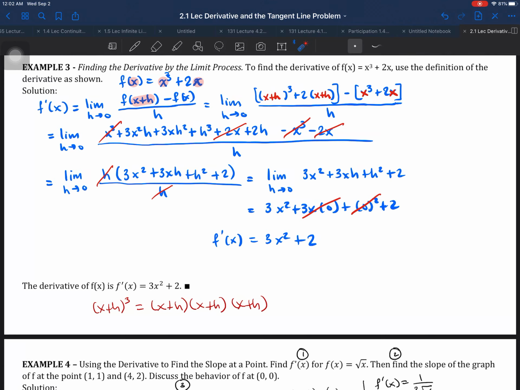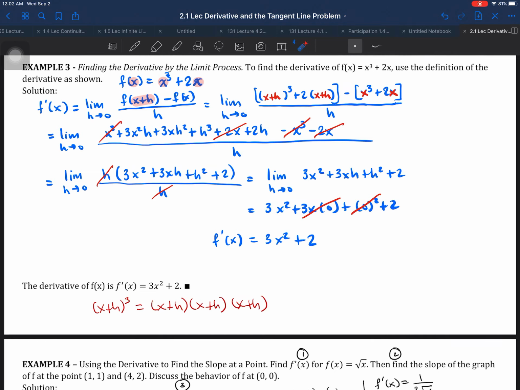There you go. And then, like I said before, you should be able to cancel everything that does not have an h. So x cubed minus x cubed cancel each other out, 2x and minus 2x cancel each other out, and notice that every term has an h, because in the next line I'm going to factor that h. That's the checking point. You should be able to factor that h because every term had it.